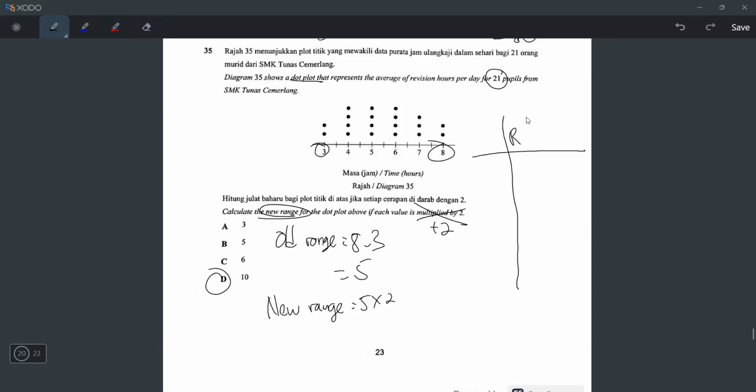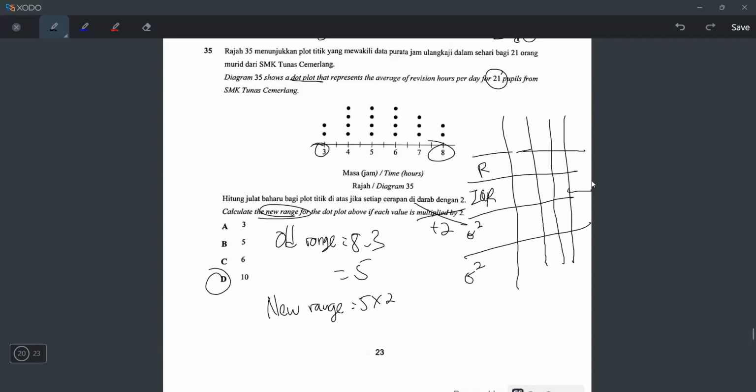So we have range. We have interquartile range. We have variance. We have standard deviation. And we have this. Let's say the range is 5, the interquartile range 7, this one is 1, this one is 2.